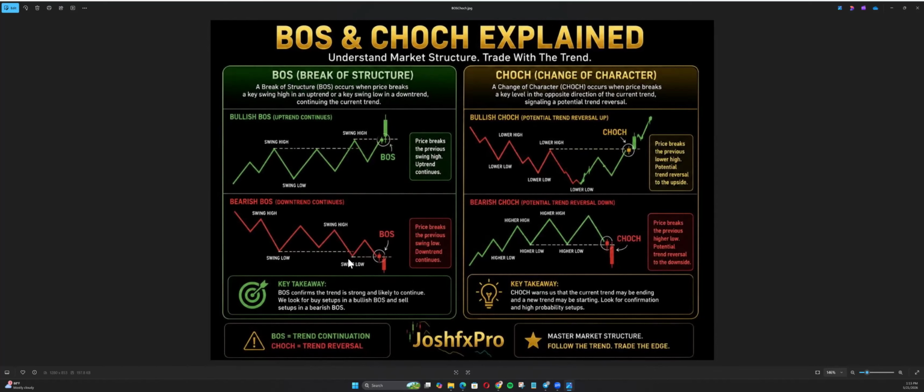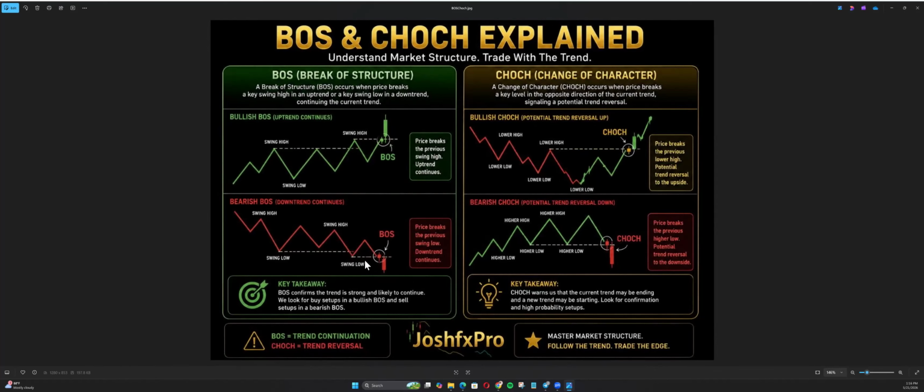So that level of your swing is what is called your swing low or your swing high. And when market takes out that level, you can put a line there and indicate that that was the level at which market did a break of structure. So you don't use break of structure when market is changing trend. You only use it when market is continuing the existing trend.